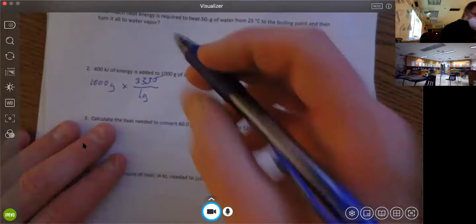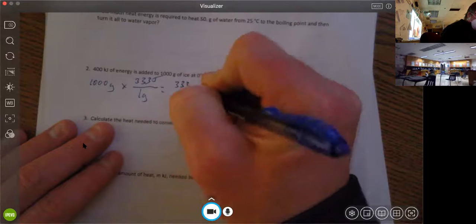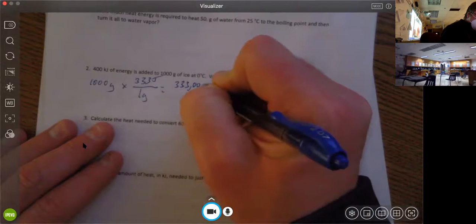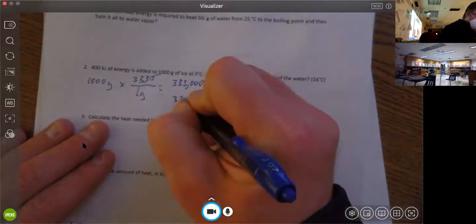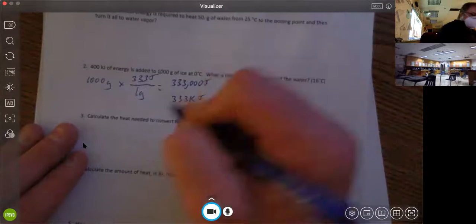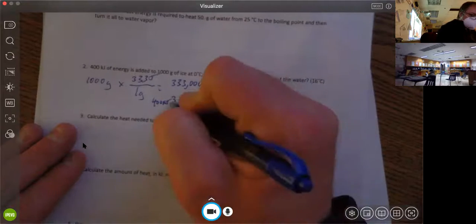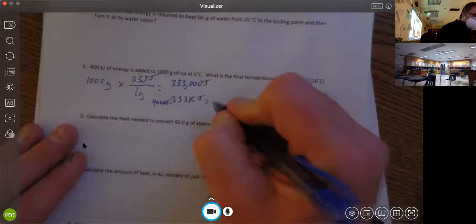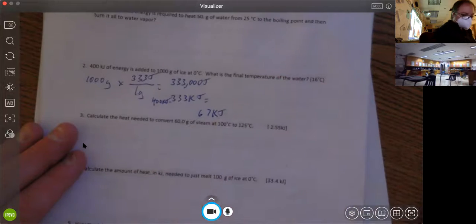So that equals 333,000 joules, which is 333 kilojoules. We then have 400 kilojoules we know of. If we subtract that 333, we get 67 kilojoules.